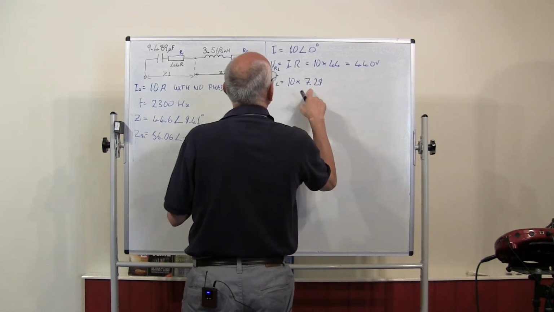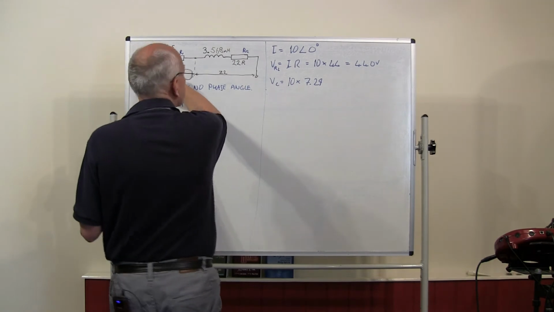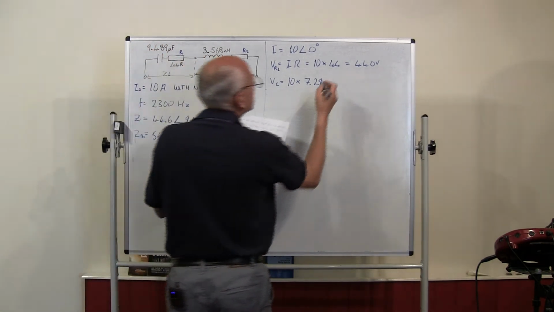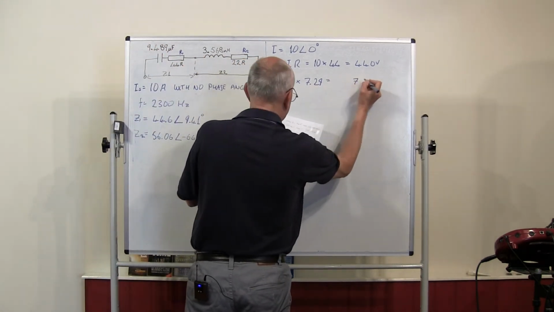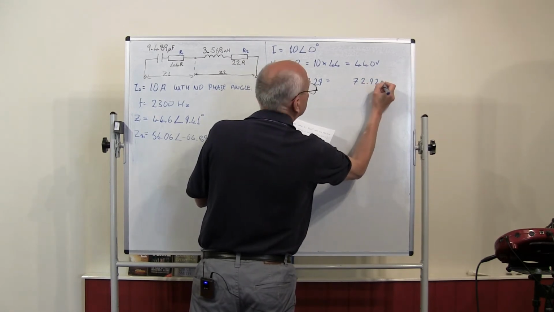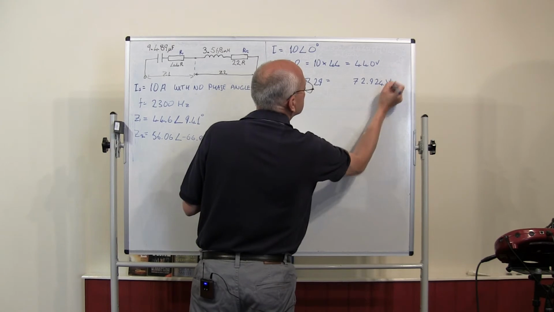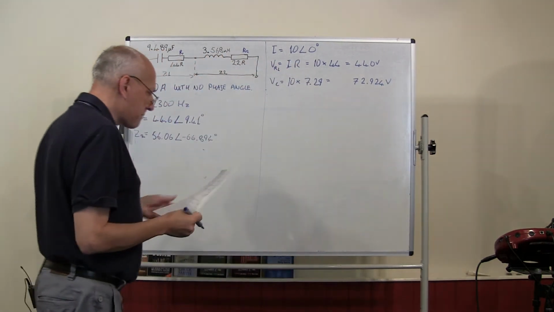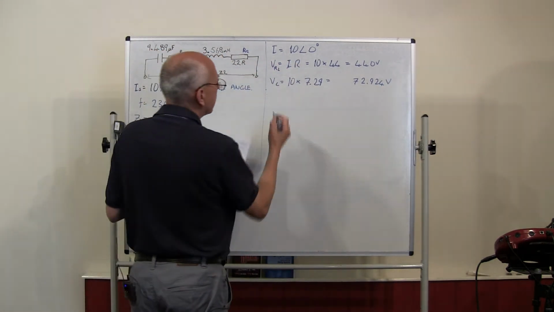That's the impedance of the capacitor. That gives me 72.924 volts. Thing to bear in mind though, they're 90 degrees out of phase.